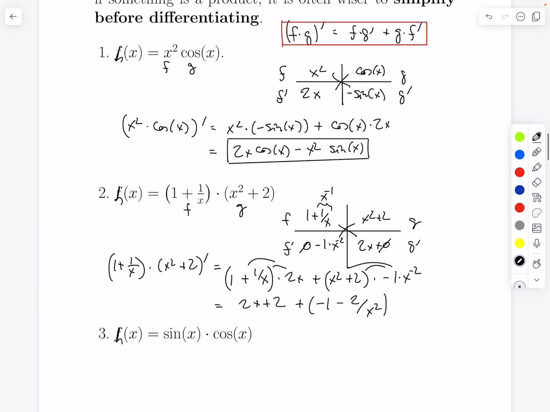Okay, and then even better, so this is 2x, and then the 2 and the minus 1 can cancel something here, yeah? 2x plus 1 minus 2 over x squared.